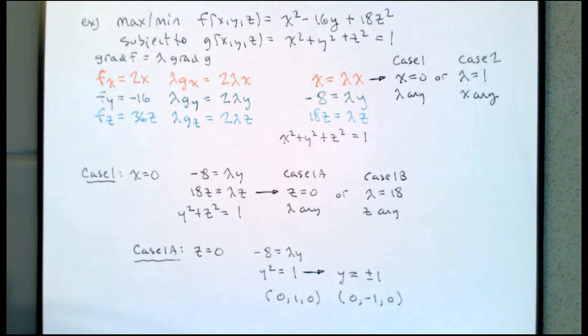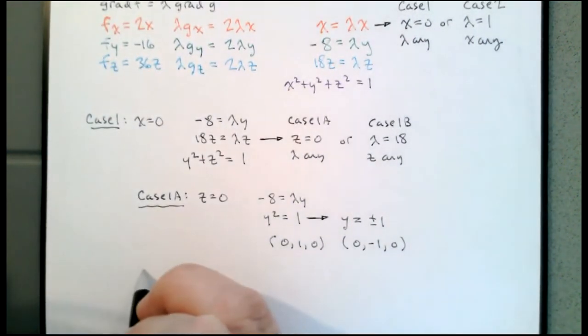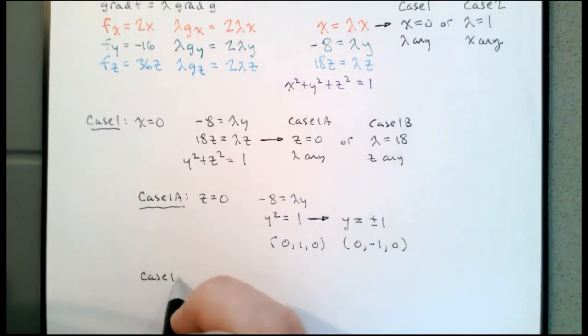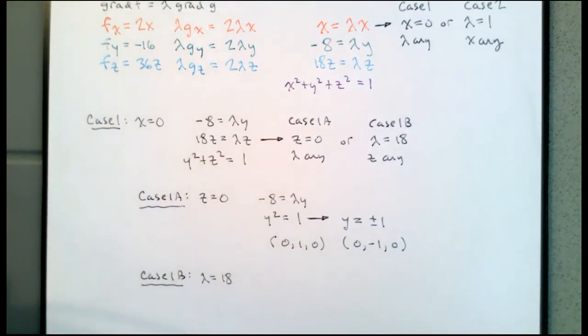Let's go to case 1b, where lambda is equal to 18, and z can be whatever it wants. If lambda is equal to 18, then this first equation becomes -8 equals 18y.